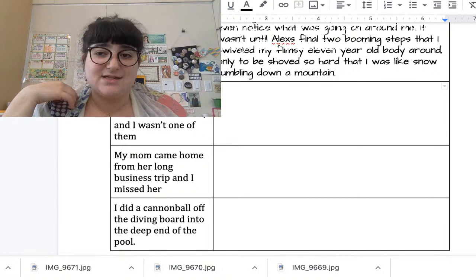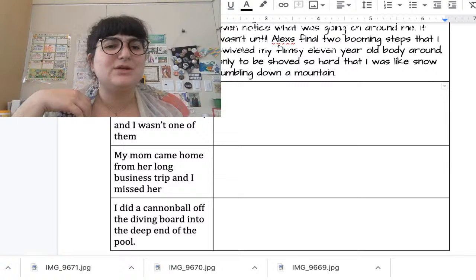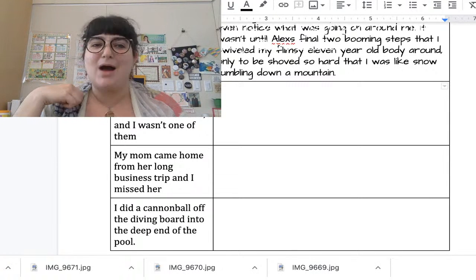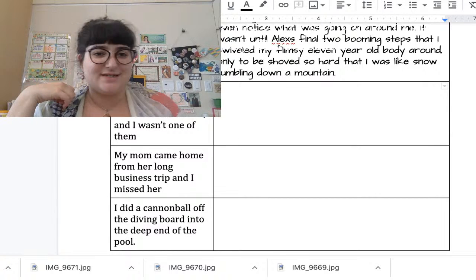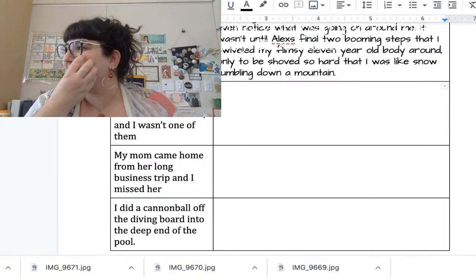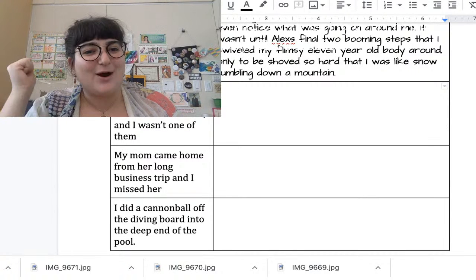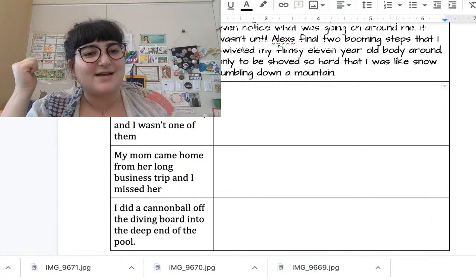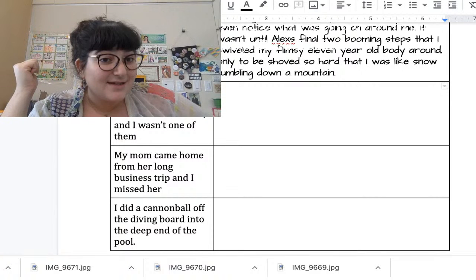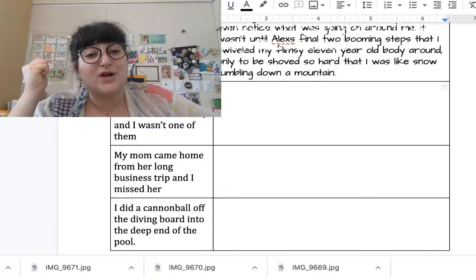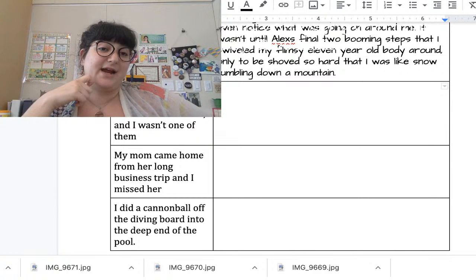That's telling us what's happening. I want you to show us. What did the door sound like as your mom swung it open after a long business trip? What did your cheeks feel like when you were smiling super hard? There's all of these moments that are so powerful and help us understand the way that we react to certain moments. And then we can take that and translate it into our characters, into our story.